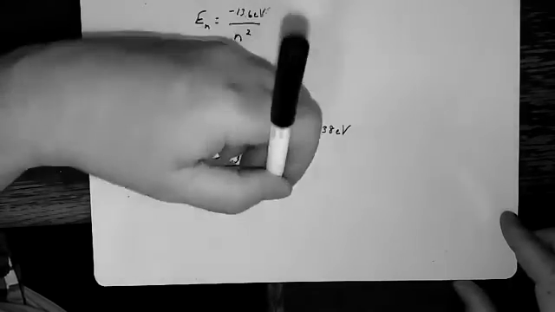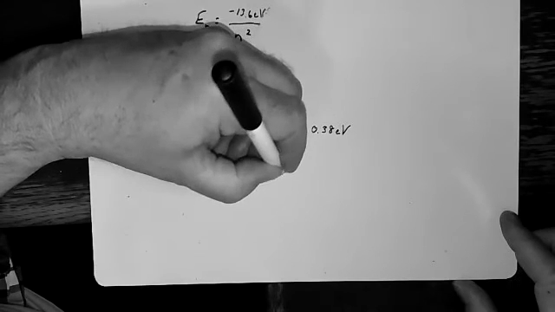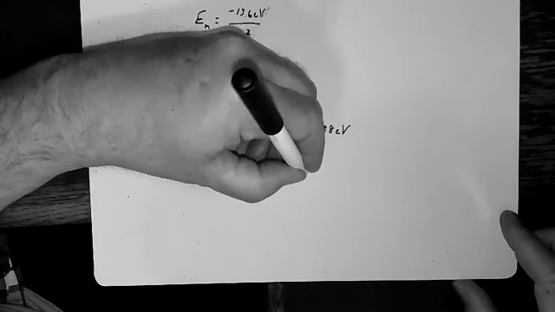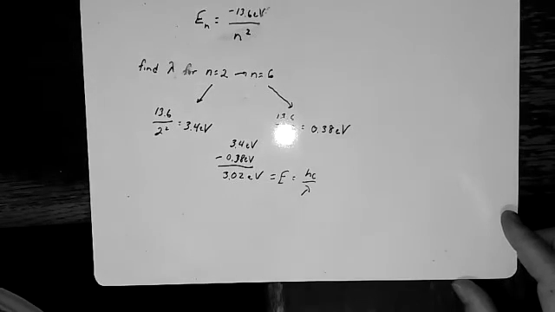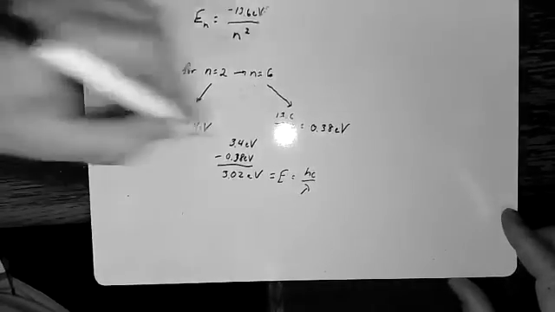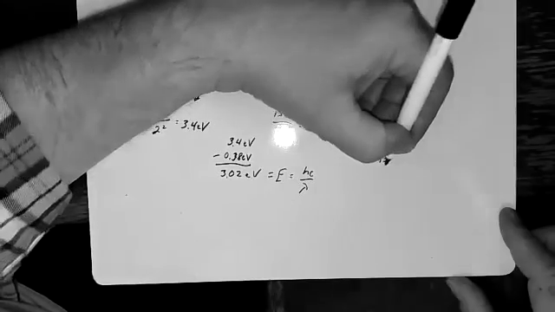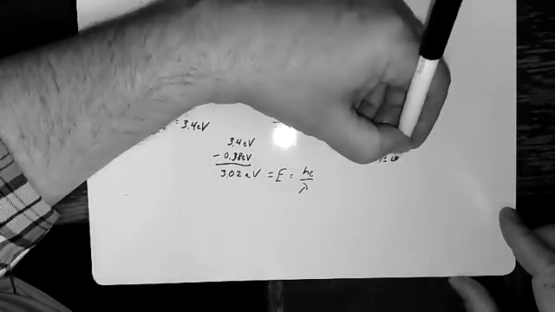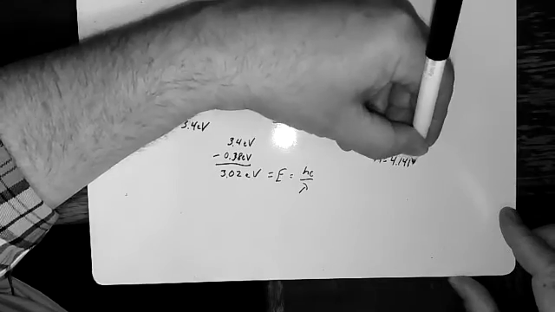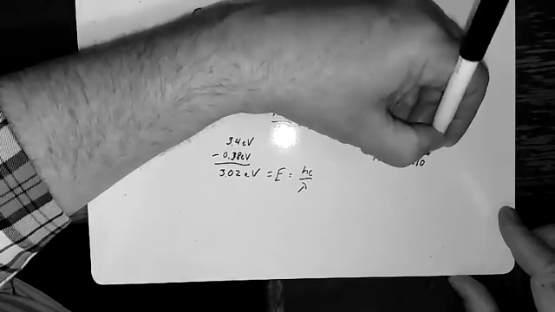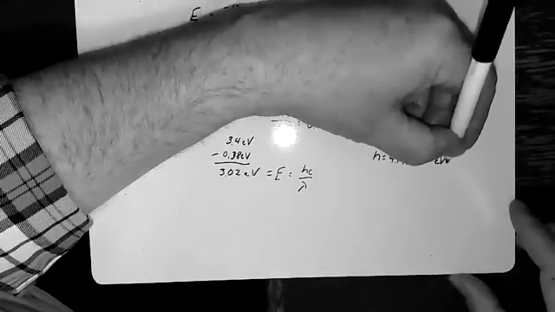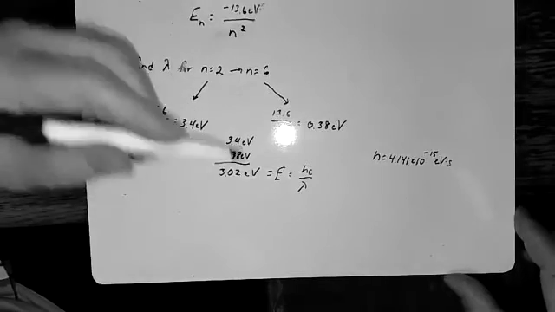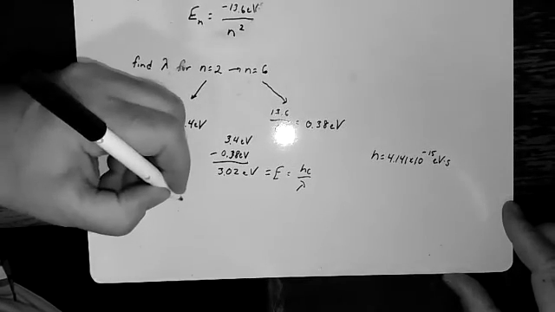And we set that equal to the energy for the photon. So this is equal to E, which is equal to hc over wavelength. And this time we will use that constant that we talked about before. So h is equal to 4.141 times 10 to the minus 15 electron volt seconds. And we're solving for wavelength, so we'll rearrange this equation.